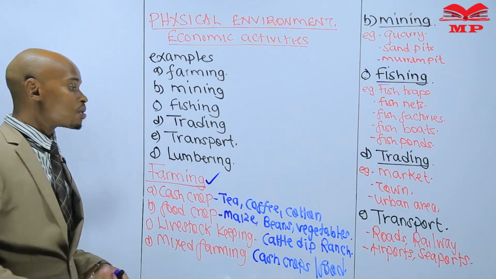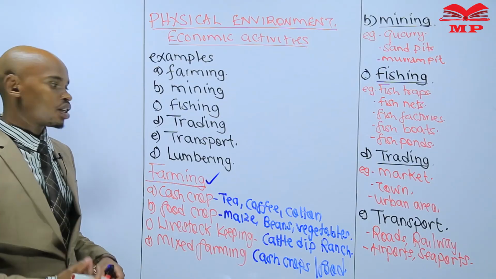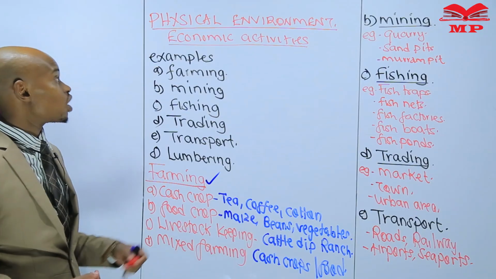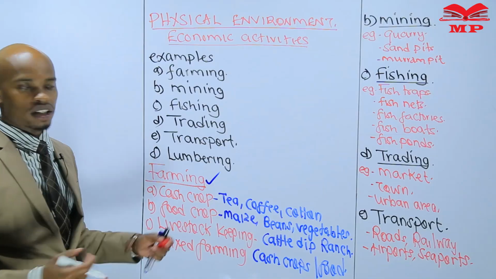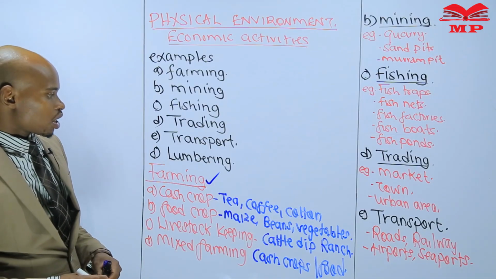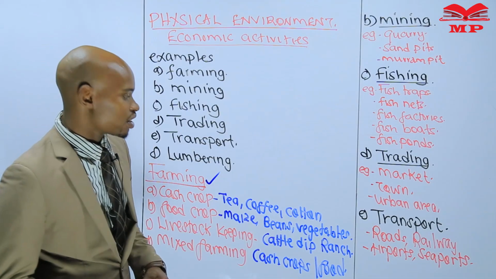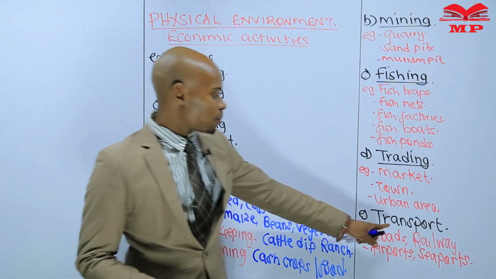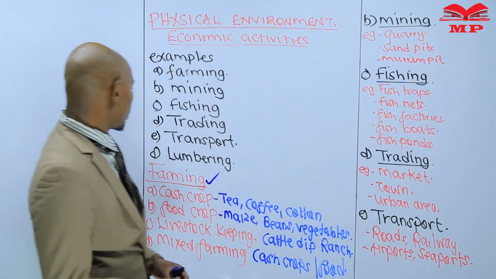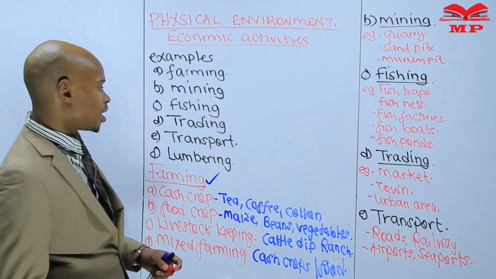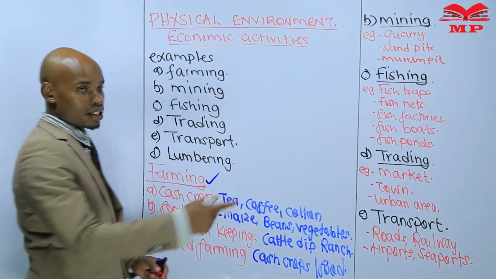Transport is the movement of people and goods from one place to another. And I want to mention that transport is one of the main economic activities that you'll be coming across when it comes to map interpretation and reading.